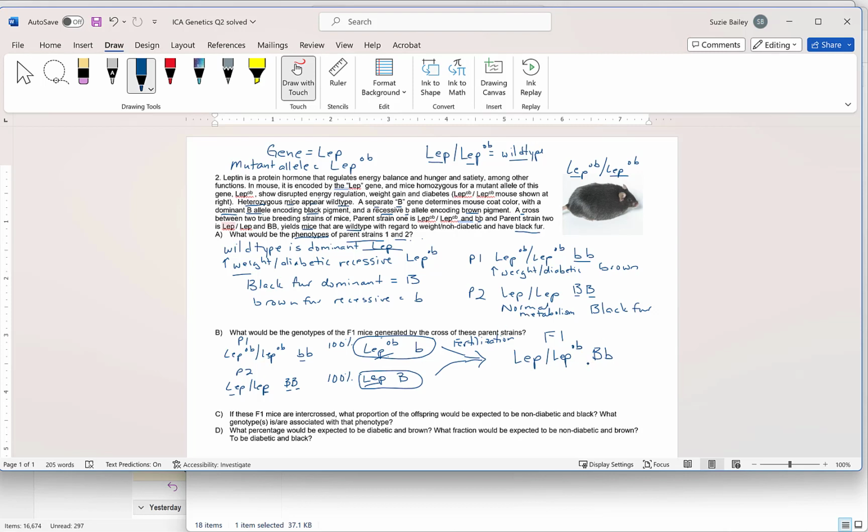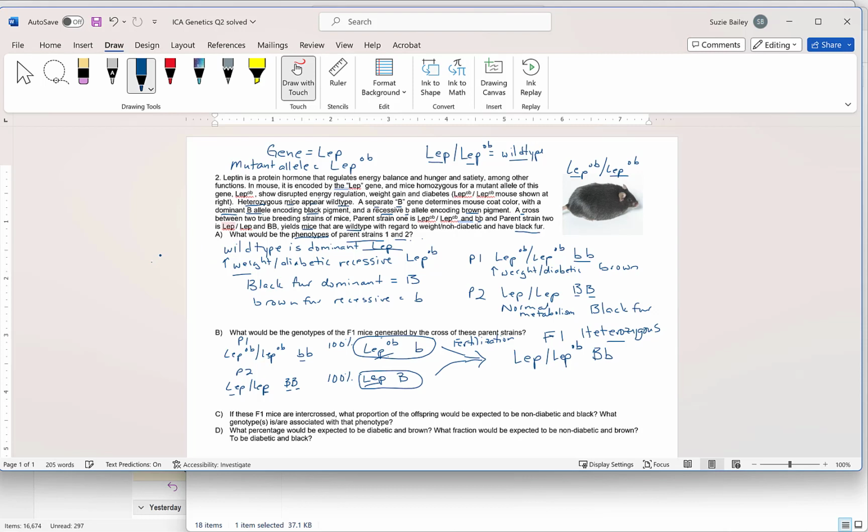And we call this state of having different alleles at these genes, these F1 animals would be heterozygous for both of these genes, the leptin gene and the B gene. So if we answer the question, what would be the genotypes of the F1 mice generated by the cross of these parent strains? Yep, they would be LEP, LEP-OB, capital B, lowercase b, heterozygous at both genes.